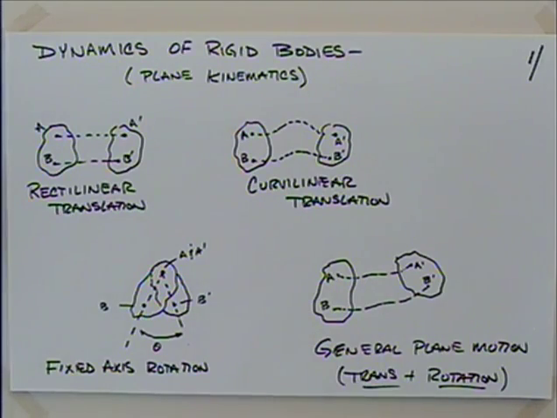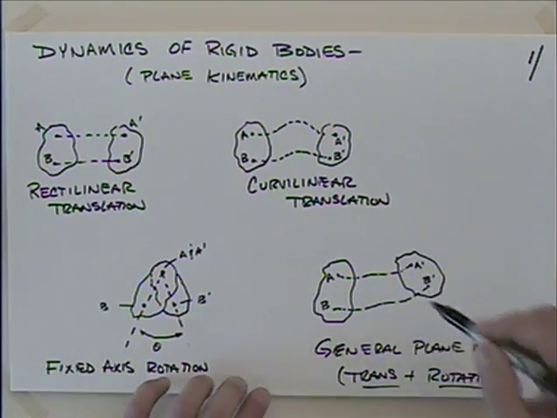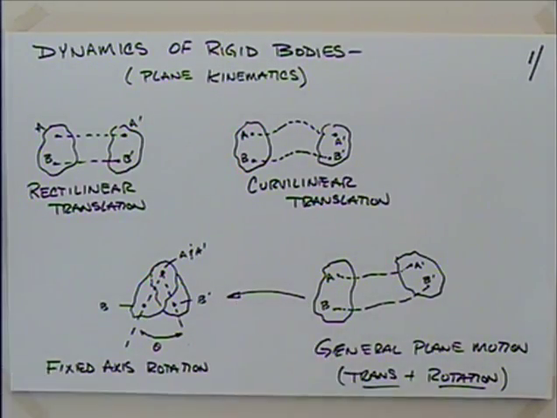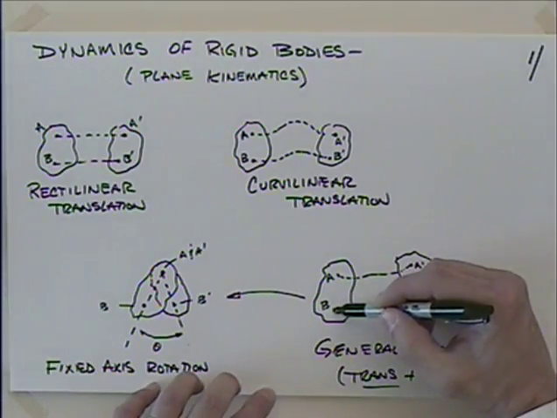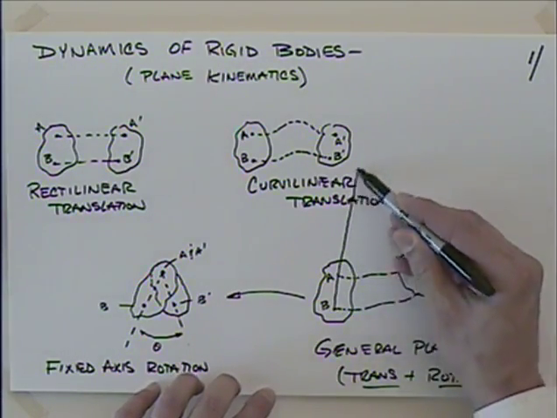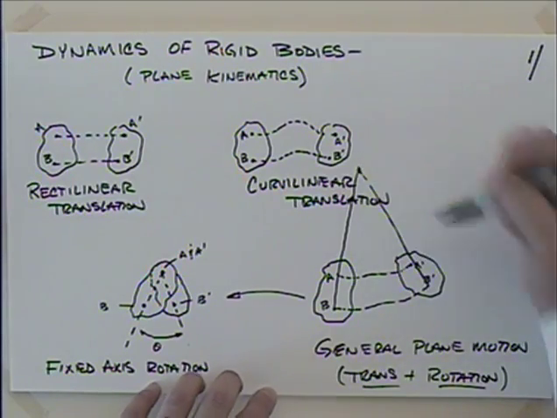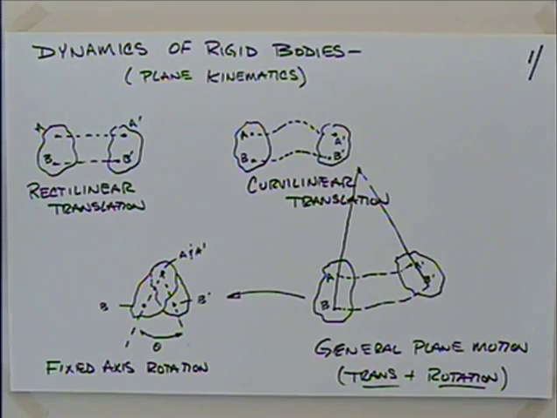Now, one thing that we're probably going to do in the future is try and turn this back into fixed axis rotation, because we'll find fixed axis rotation is pretty easy to deal with. What we'll do is think about, well, if I were to extend this point up here, and extend this up here, there's some point, not necessarily on the body, that the body is simply rotating about.